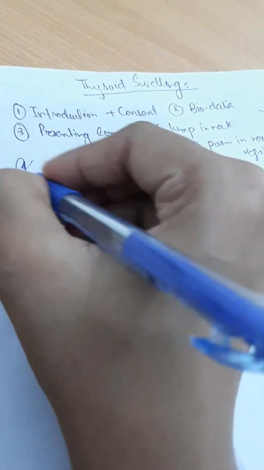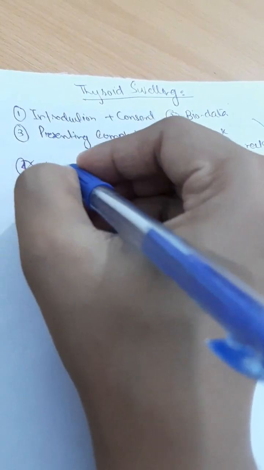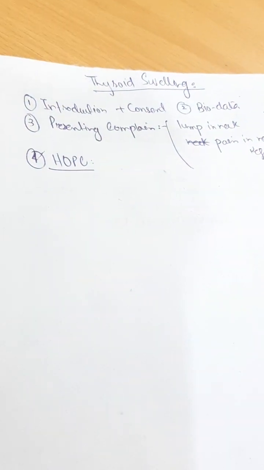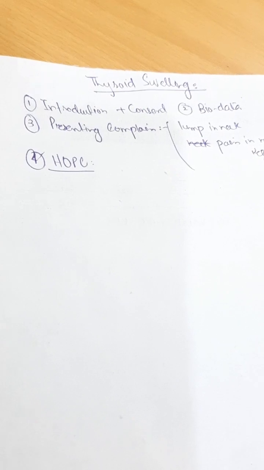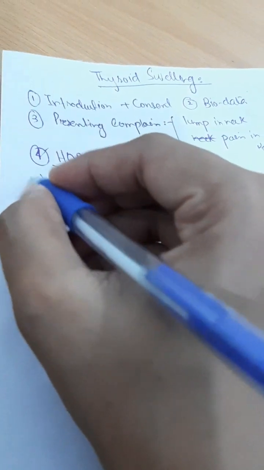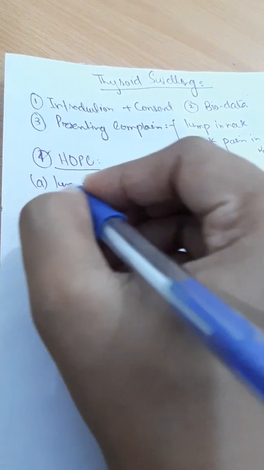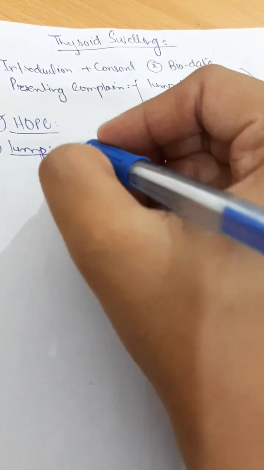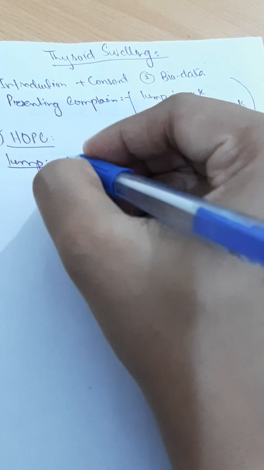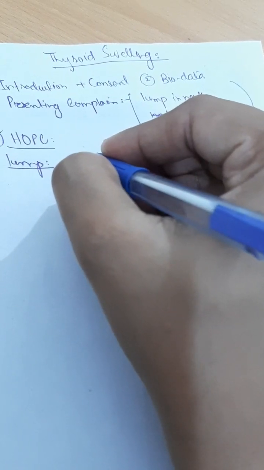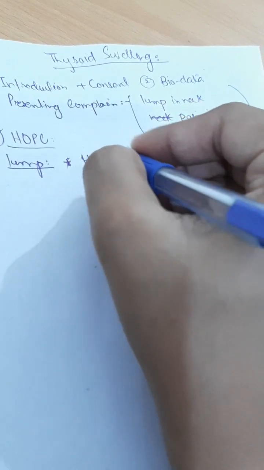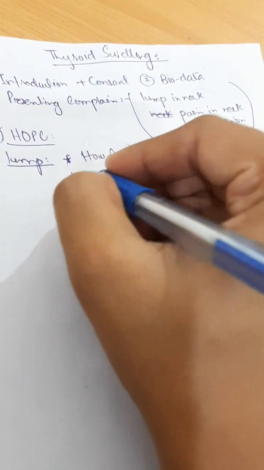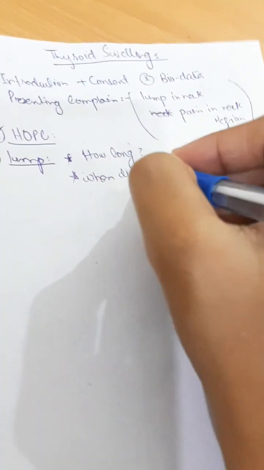Okay, continue with the history of presenting complaint. So let's talk about the lump first. First complaint is lump. So for how long have you been having this lump in the neck? When did you notice?